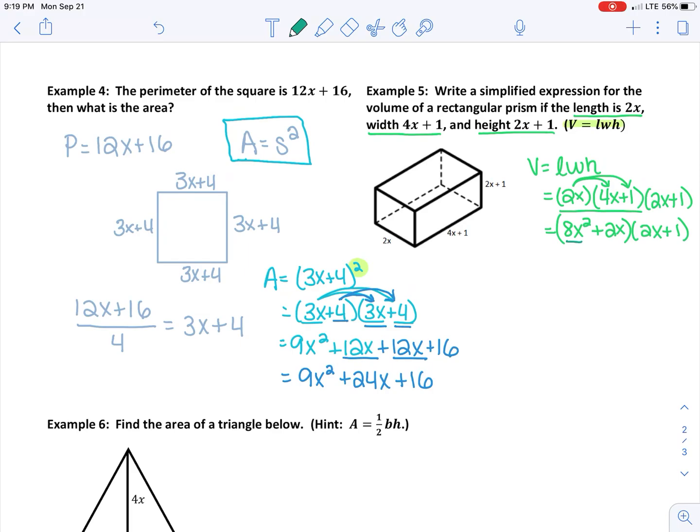So I'm going to take everything here. I'm going to take the 8x squared first, and I'm going to multiply it by everything in the second set. So 8x squared times 2x, that's going to give me 16x to the third. Then I have 8x squared times 1, which is going to give me 8x squared.